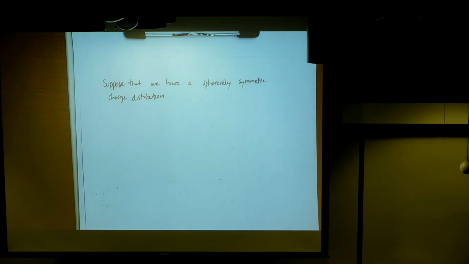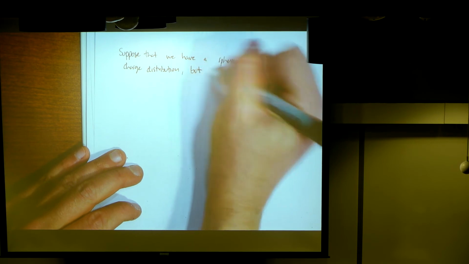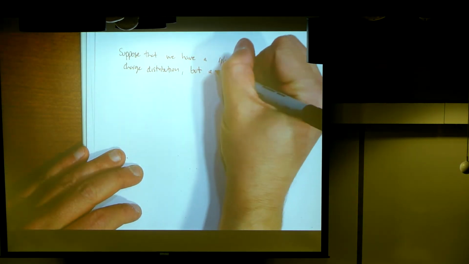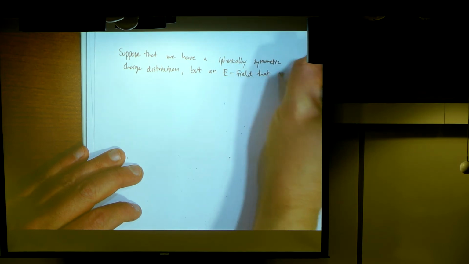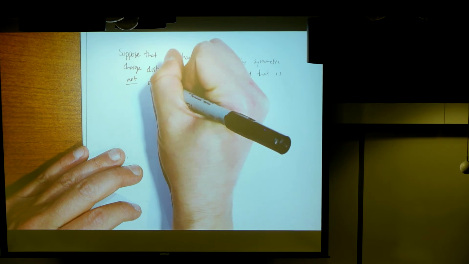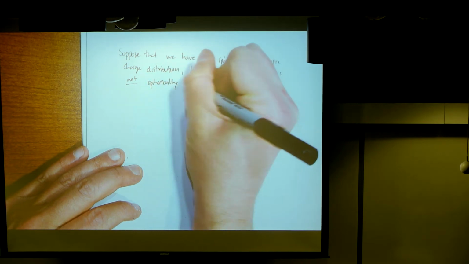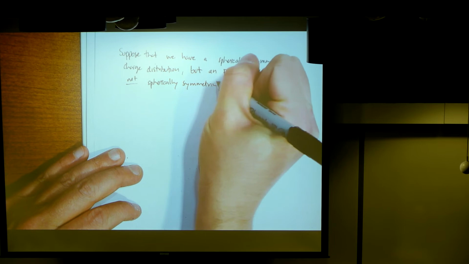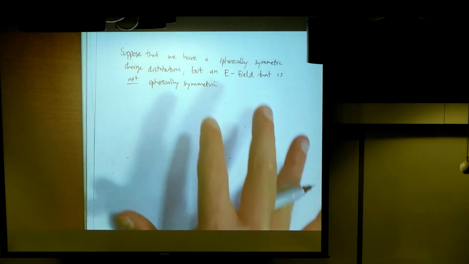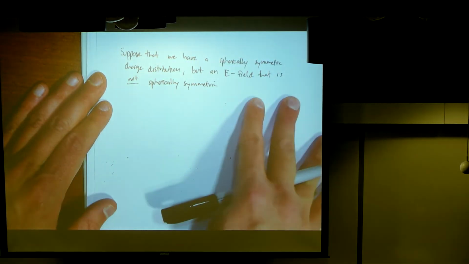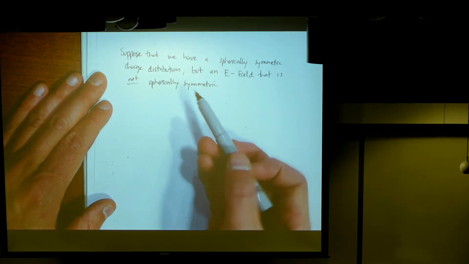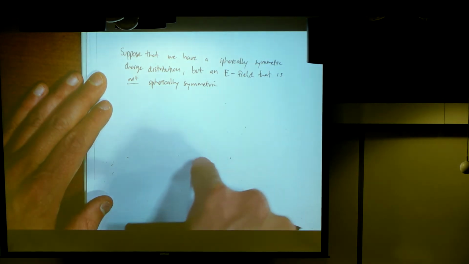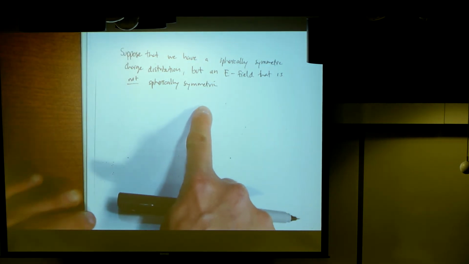So we have some kind of spherically symmetric charge distribution, but we're imagining an E field that is not spherically symmetric. And what I'm going to try to convince you of is this doesn't make any sense. We can't have a charge distribution that's spherically symmetric creating an E field that is not spherically symmetric. They have to both be spherically symmetric.